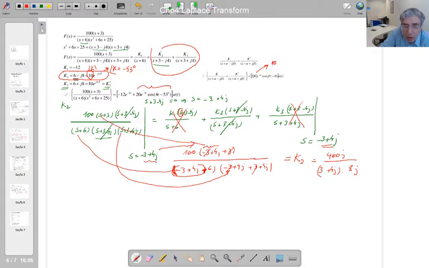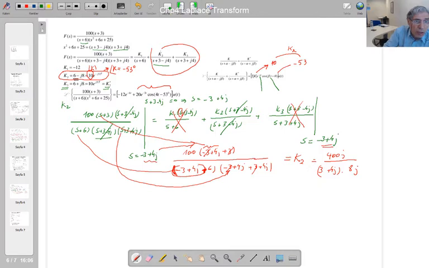The theta here is minus 53. These two things are related with the residue that we found here, that is K2. So what is left here is e to the power minus alpha t. This alpha here, and this beta here, what is it?